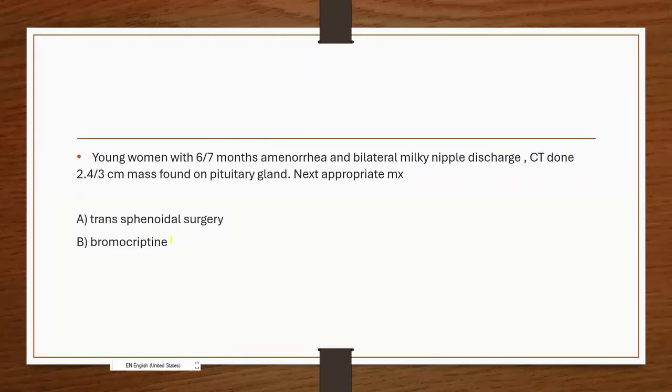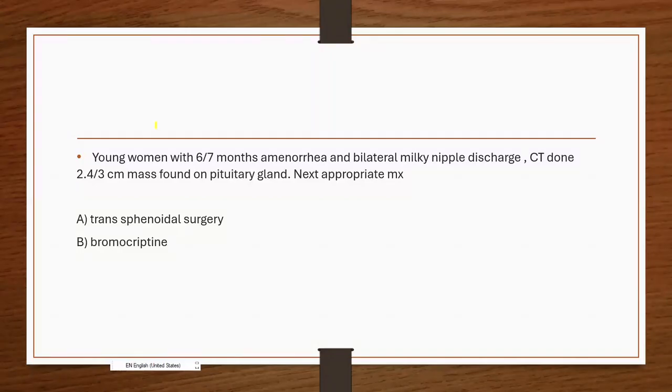Now see, in the last class, when I discussed, I mentioned that pituitary tumors are a very common area that is being tested. In the last class, we were discussing pituitary adenomas. But here, it was not mentioned whether it's a prolactinoma or what sort of thing. So here is something similar, but in a different way.